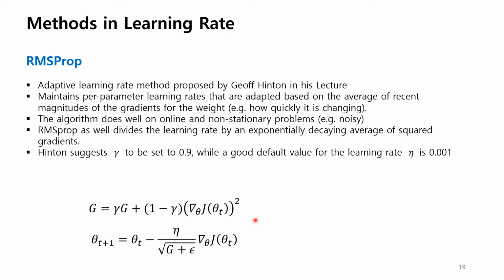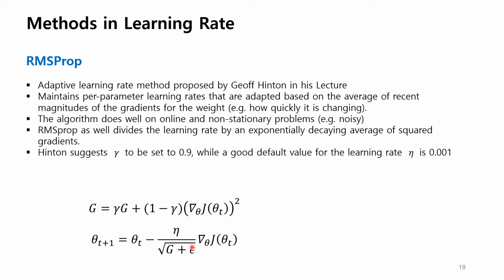Its value is limited to the maximum value of this square of gradient. Since it is now limited, this G value doesn't go infinitely, so that solved the problem. Because it is now limited, this whole term does not become zero.